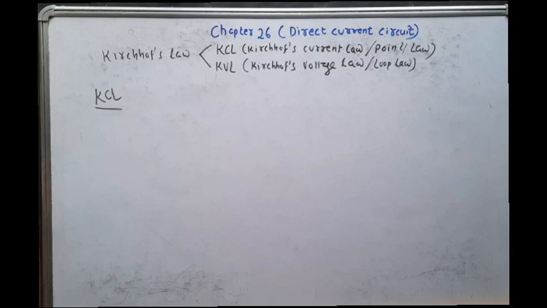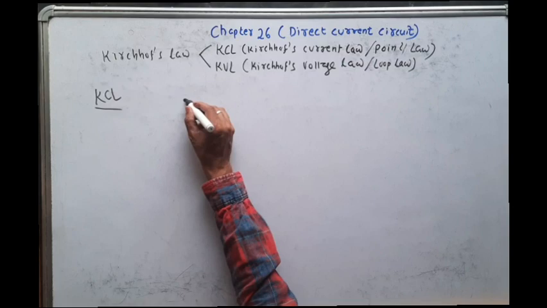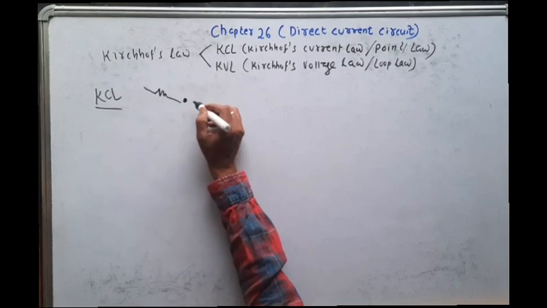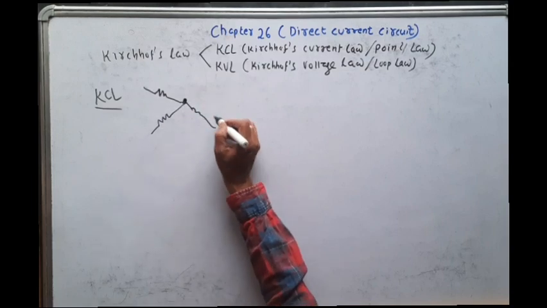So what is Kirchhoff's current law? Suppose this is a point or junction. There are so many branches connected to this junction.